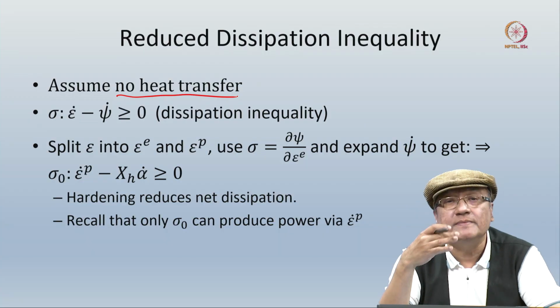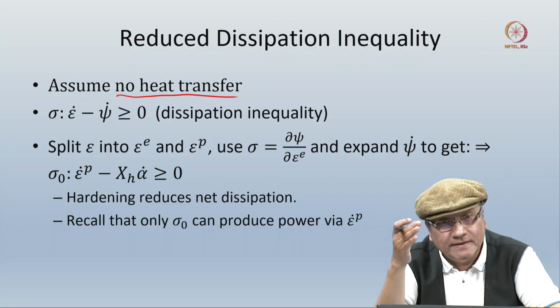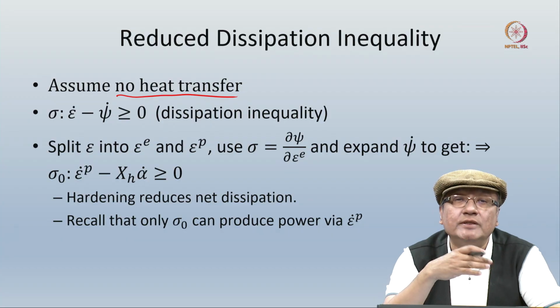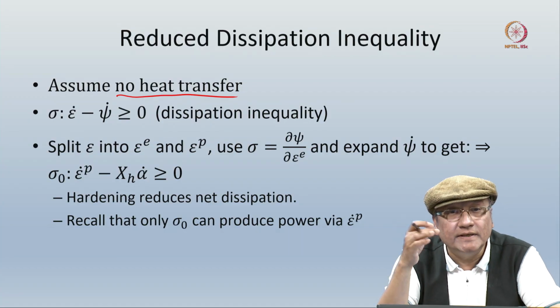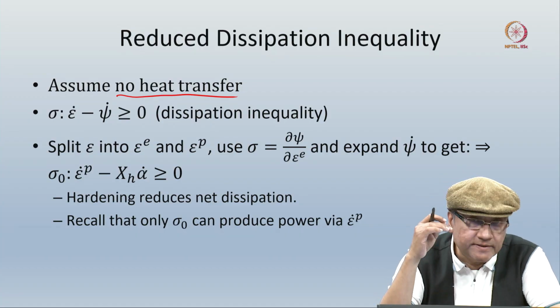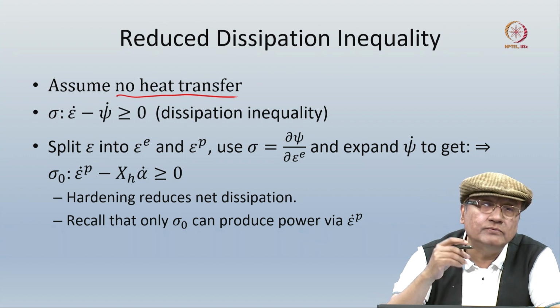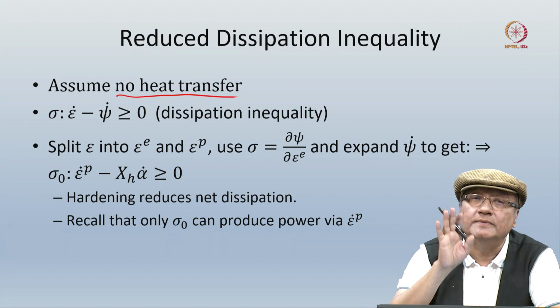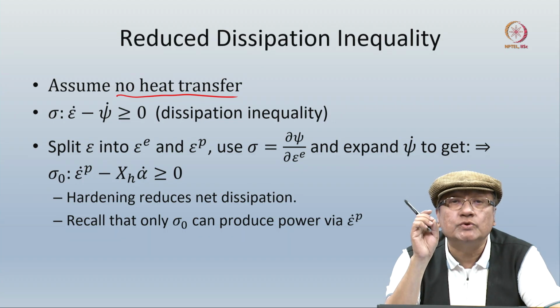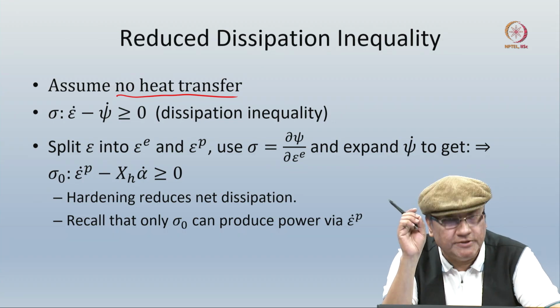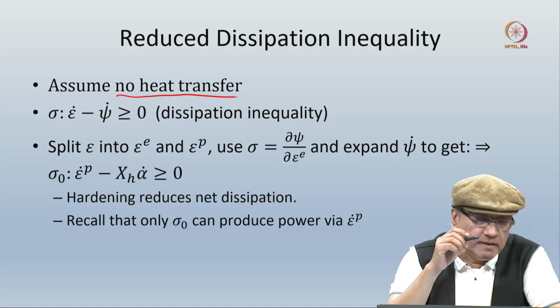So we are talking of time frames in which this heat transfer is not taking place. That means your experiments are fast enough. These experiments will not wait that long for the heat to transfer and manifest as temperature changes. Okay? So we can therefore think of this whole problem as an isothermal problem, no temperature change. All right.